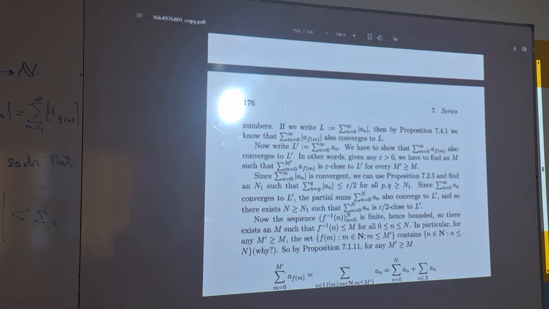Why? If you take any n less than or equal to capital N, what you know is f inverse n is less than or equal to M. This is what we know.